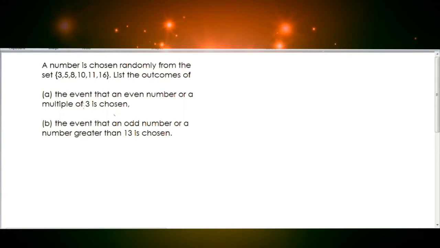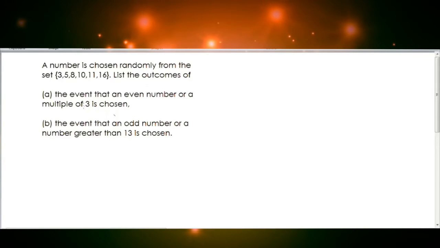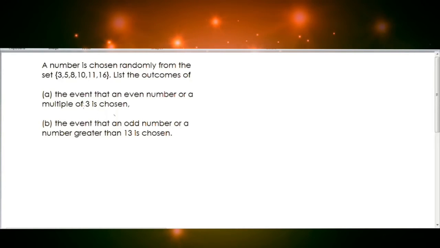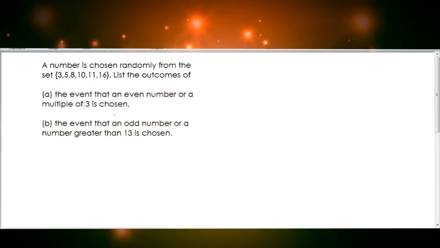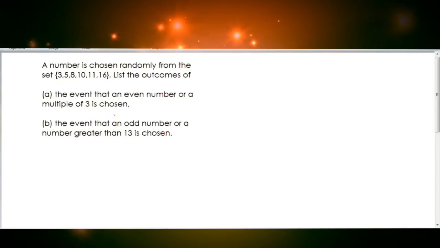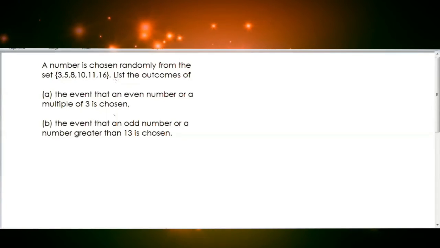Where do I get this question from? Actually, this is a combined event, the probability of a combined event. Remember what I said before: before we answer the question, we need to list our sample space.